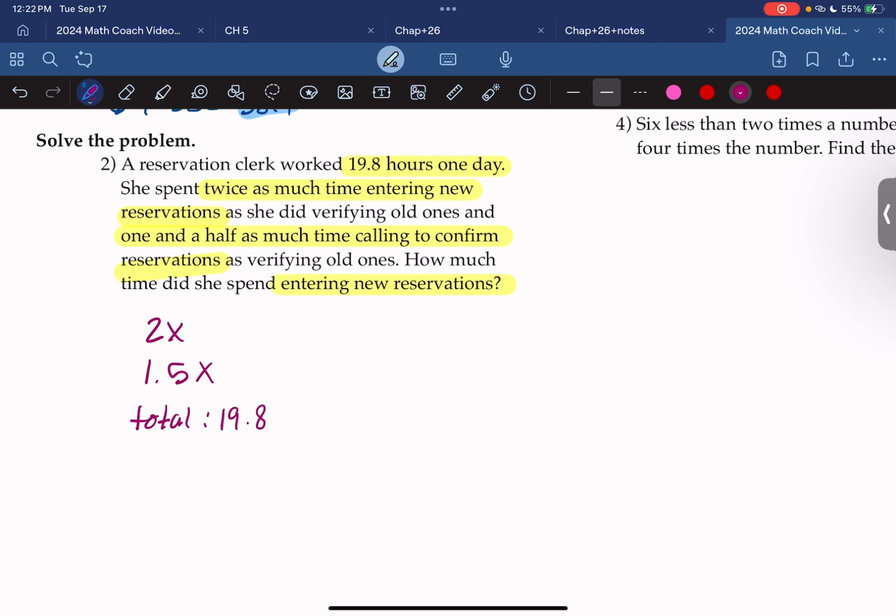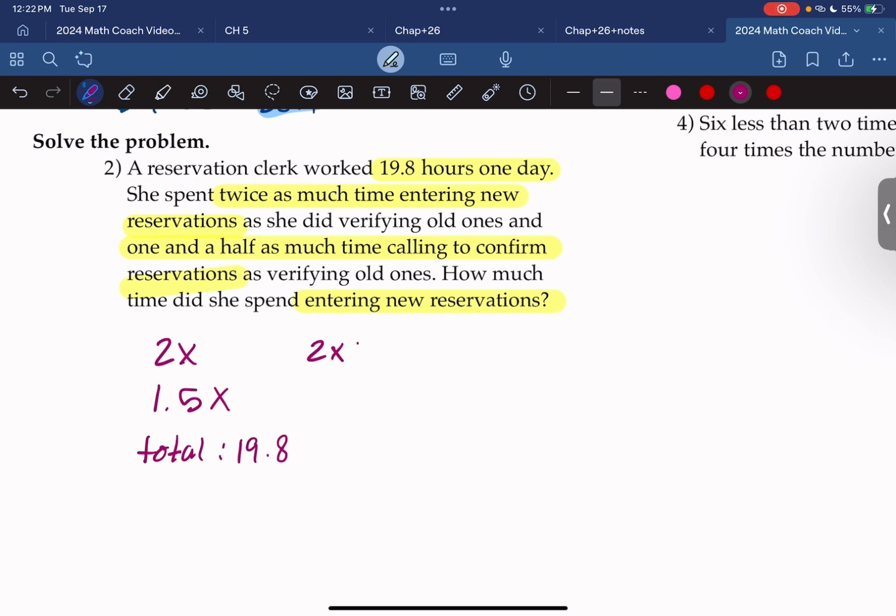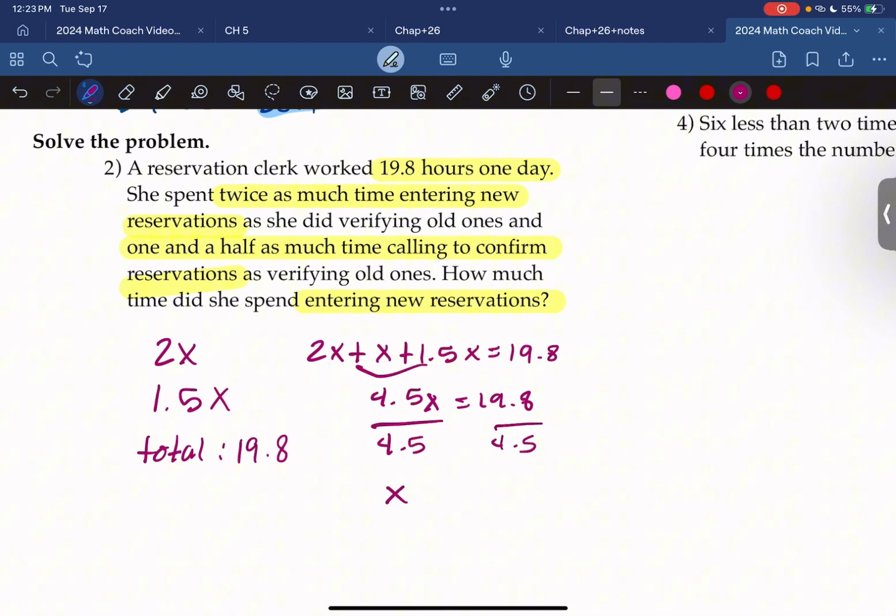So now let's make this into an equation. 2x plus x is kind of what we're trying to find, plus 1.5x equals 19.8. So now we combine like terms, so that's going to be 4.5x equals 19.8. We divide both sides by 4.5. X is going to give us 4.4.